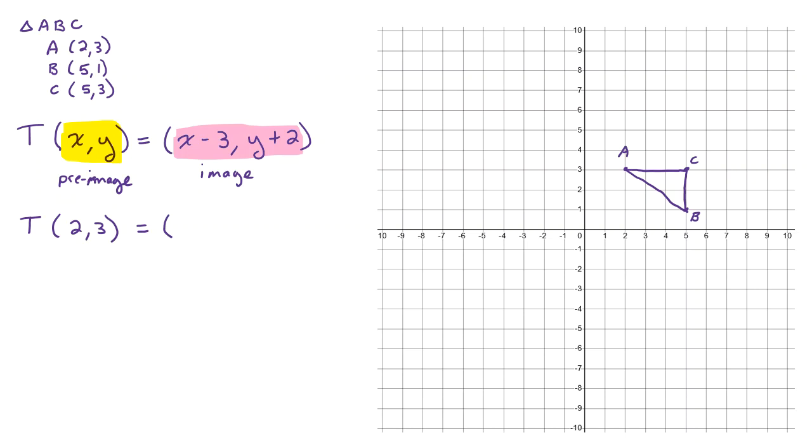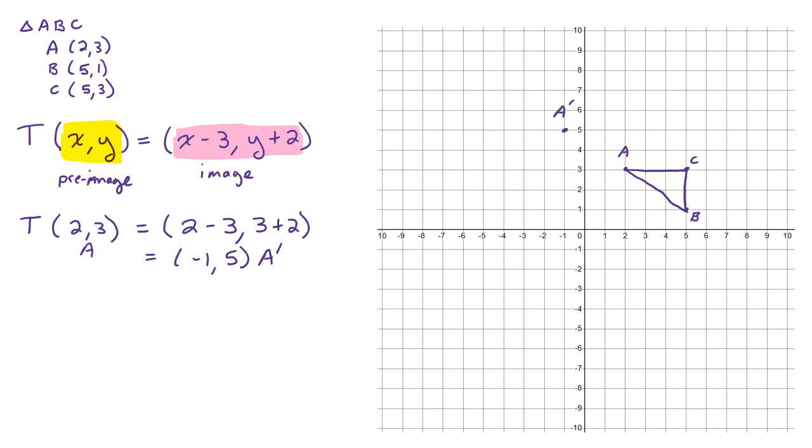So it's x minus 3, so 2 minus 3, and y plus 2, so 3 plus 2, and I get the coordinates (-1, 5). So that's my A prime. This is my A, my pre-image. This is my A prime, my image. So (-1, 5) up here, that is A prime.